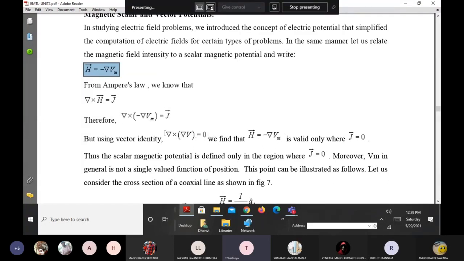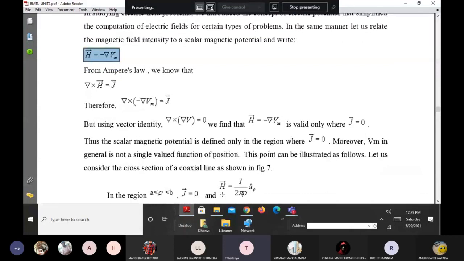So this condition has to be satisfied when the value of J becomes 0. That is, it is valid only when J equals 0. So the scalar magnetic potential is defined only in the region where J equals 0.